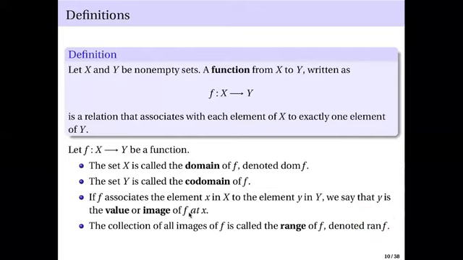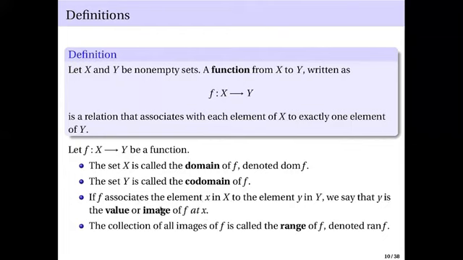So again, X, capital X here, it's the domain. Capital Y here, it's the codomain. Now, if you have an element x and it has a partner in Y, it should have because we are talking about a function. That partner in Y is called the value or the image of F at that particular x.